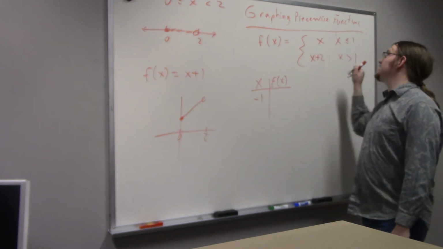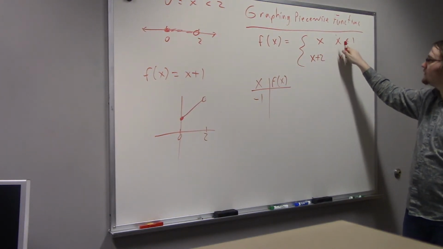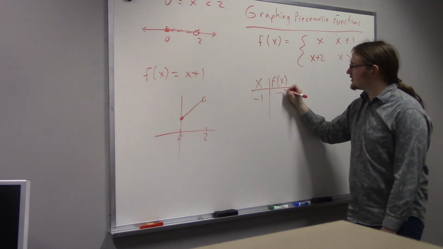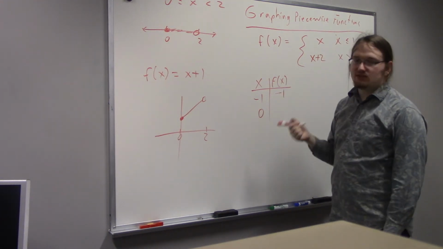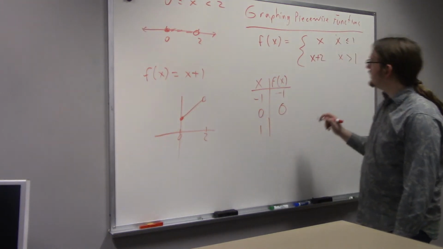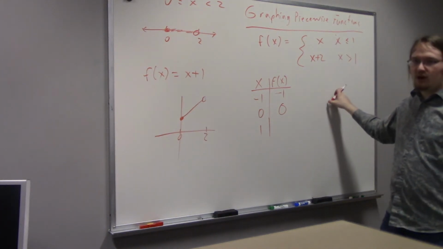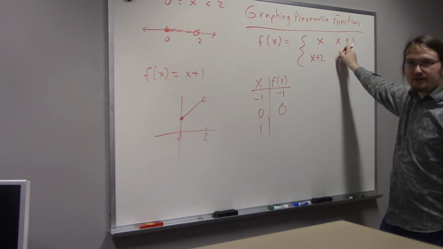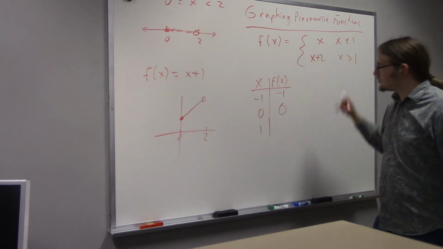Well, x equals -1. -1 is less than or equal to 1, so we just output our x. 0. Again, that's less than or equal to 1, and we output x, which is 0. We have 1. 1 is less than or equal to 1, which we remember. So then we just output x, which again is going to be 1.